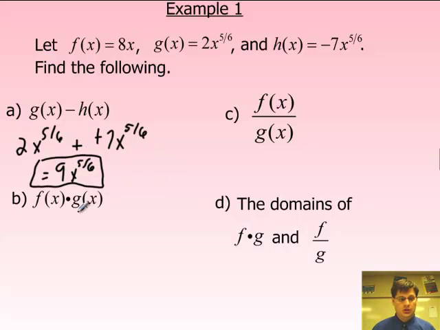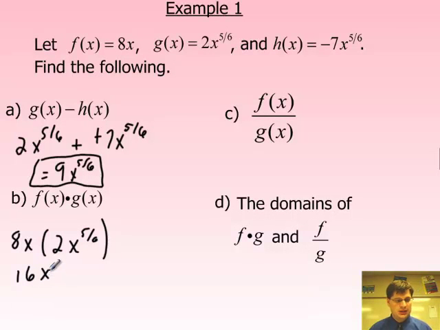In B, we're going to be multiplying f of x with g of x. So f of x is 8x, and we're going to multiply that with 2x to the 5/6 power. So since we are multiplying these, this will leave us with 16x.